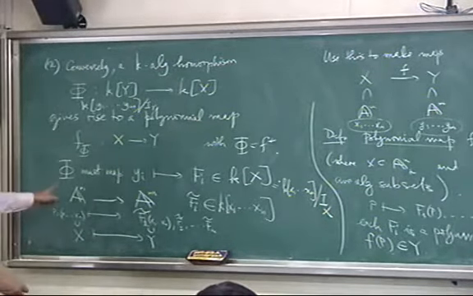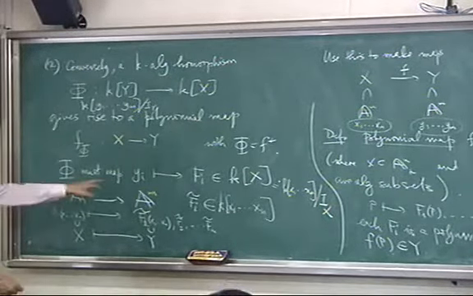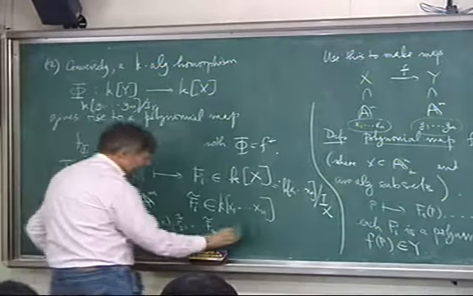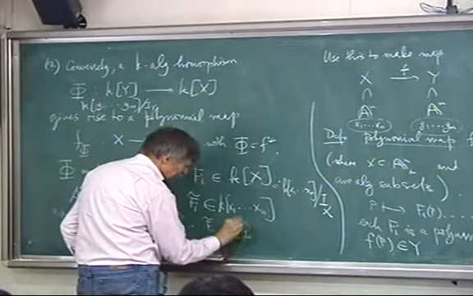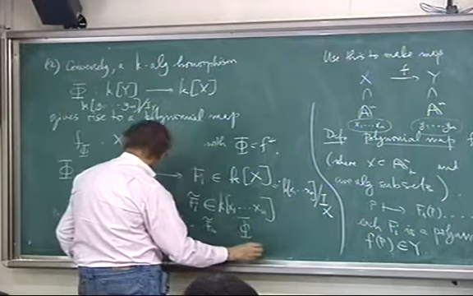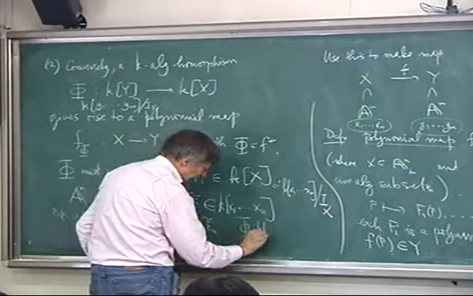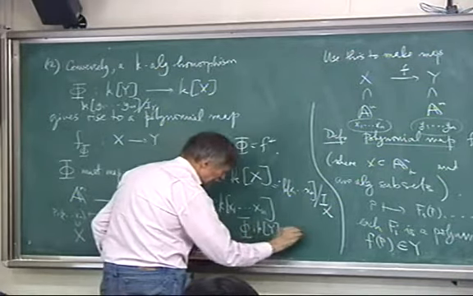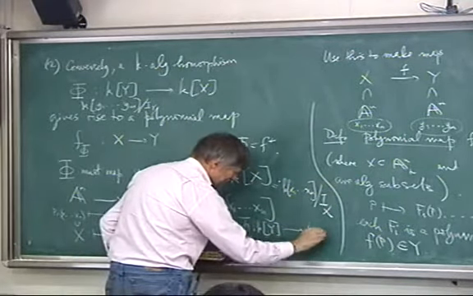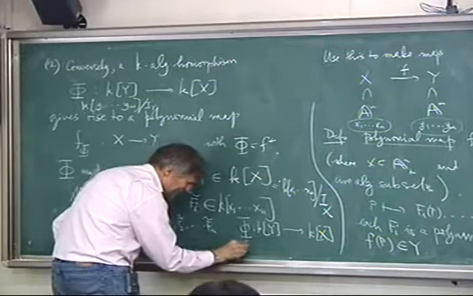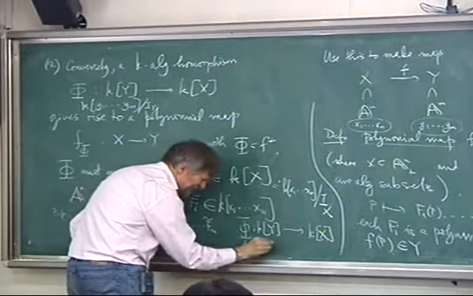Right, so the point is just that this phi from k of y to k of x kills Iy.